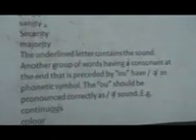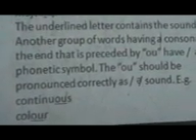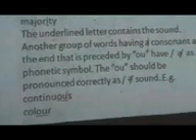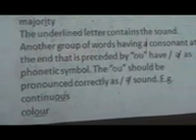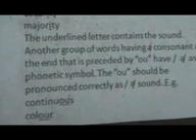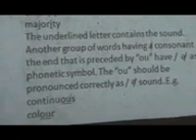Another group of words having a consonant at the end that is preceded by OU have A as phonetic symbol. The OU should thus be pronounced correctly as A sound.